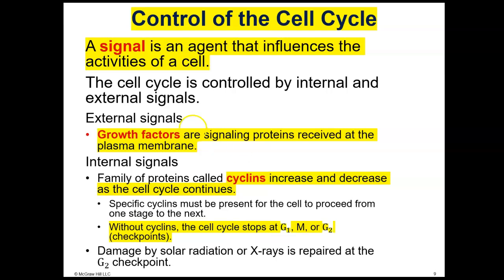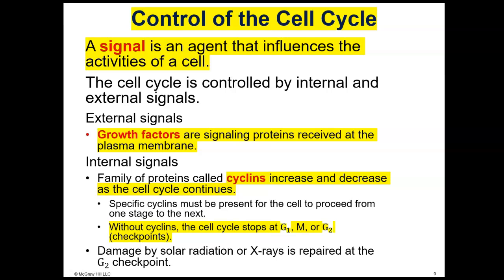Okay? Now, there are ways to control the cell cycle, to control whether or not the cell divides, based on whether or not the cell is healthy. A signal is an agent that influences the activities of a cell. We have two types of signals that we'll talk about: growth factors and cyclins. Growth factors are signaling proteins received at the plasma membrane, so they come from outside the cell.